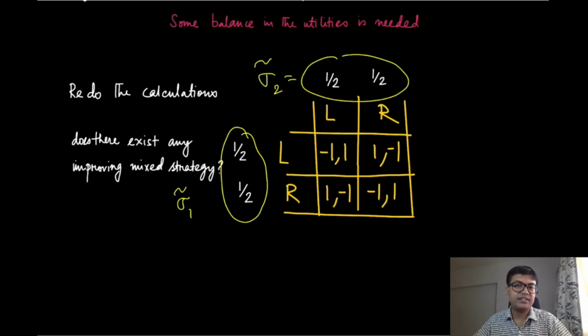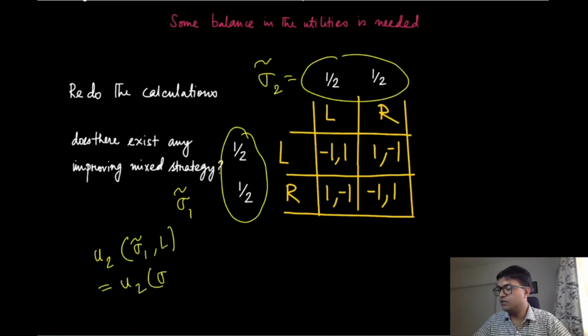Now you can see that the previous condition that we have given holds: the expected utility of player 2 when player 1 is choosing sigma 1 tilde and it is choosing L is going to be equal to U2 when player 1 is choosing sigma 1 tilde and it is choosing R. And this actually gives a foundational result for the characterization of mixed strategy Nash equilibrium. If it is a mixed strategy Nash equilibrium, then something like this has to happen, and that is what we are going to see in the next lecture.